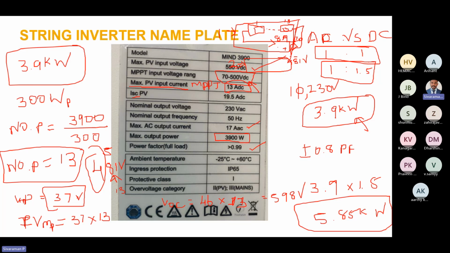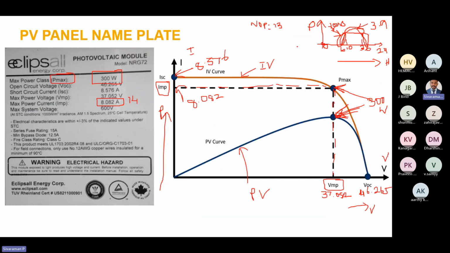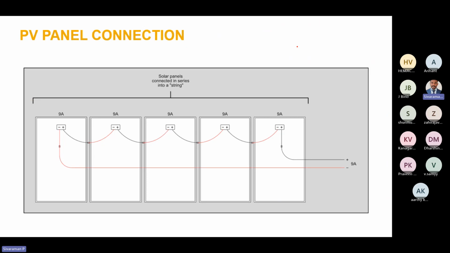First is the MPPT voltage, second is the open circuit voltage, then third is the MPPT current. So this is the general philosophy. If you have any doubt, please ask. If you don't have any doubt, I will move further.